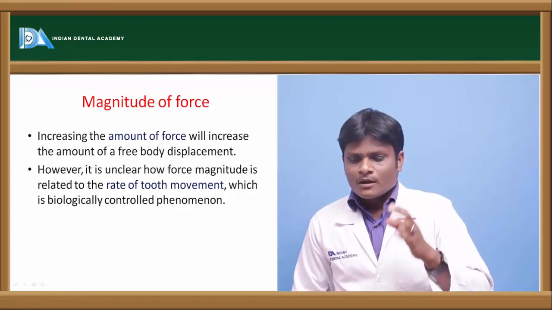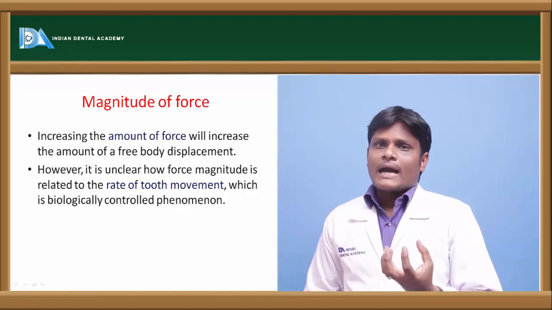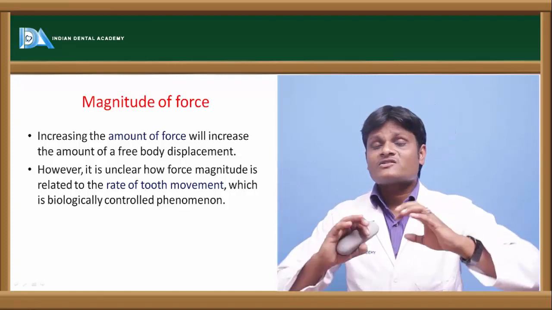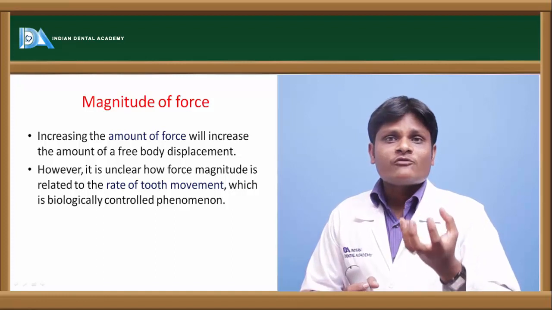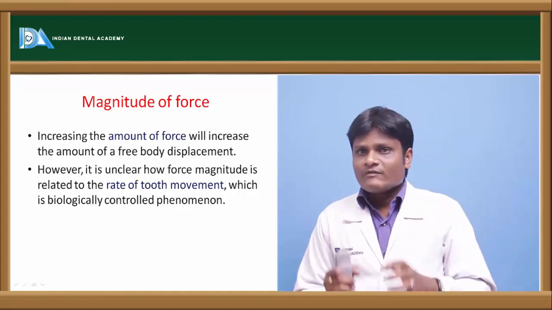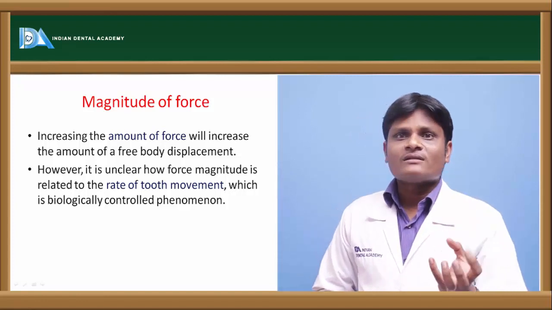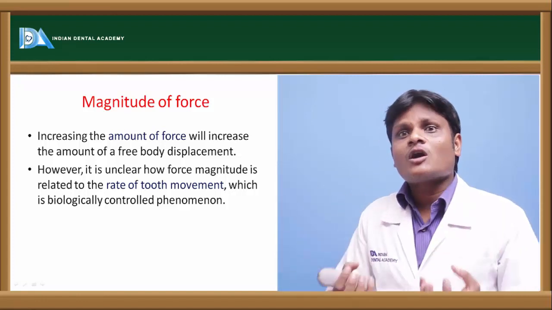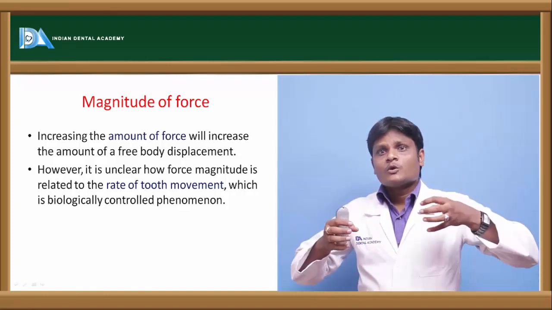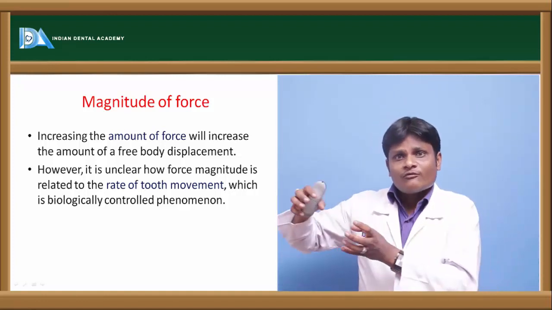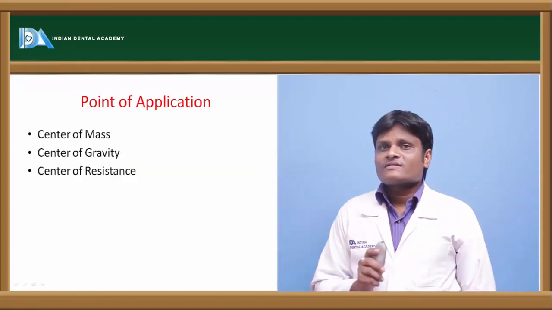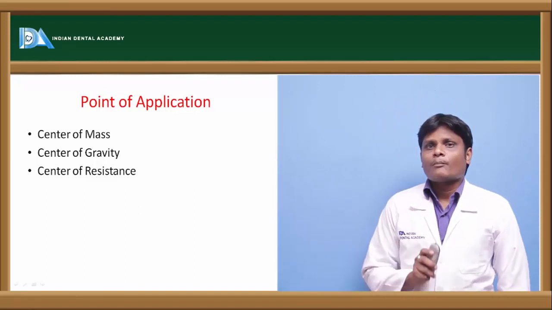That means when we consider a free body and we apply a force on that body, there are no restraining factors that are going to influence the effect of the magnitude of force. Whereas when we consider a tooth or a group of teeth, they are embedded in the strong periodontium, which will act as a resistant factor to the influence of magnitude of force. This is a small difference that you should understand. That is pertaining to magnitude.